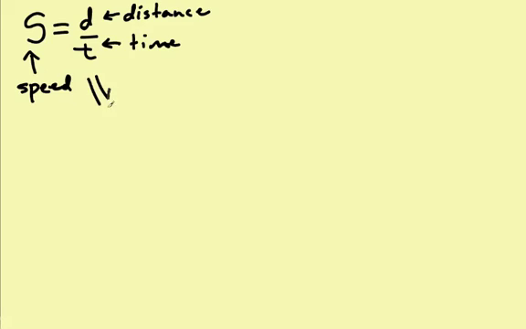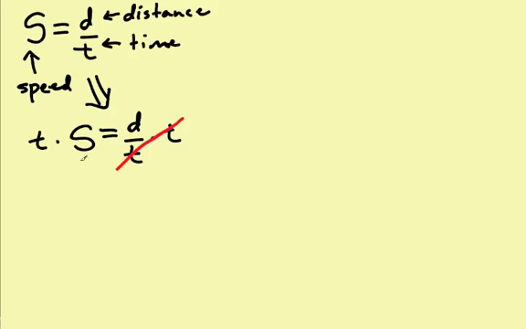And the next form, we're going to go ahead and reuse this. I said that if we go ahead and multiply both sides by time, then what will happen is this will cancel out, and we now have a distance formula. And the distance formula is d equal to the speed times time.